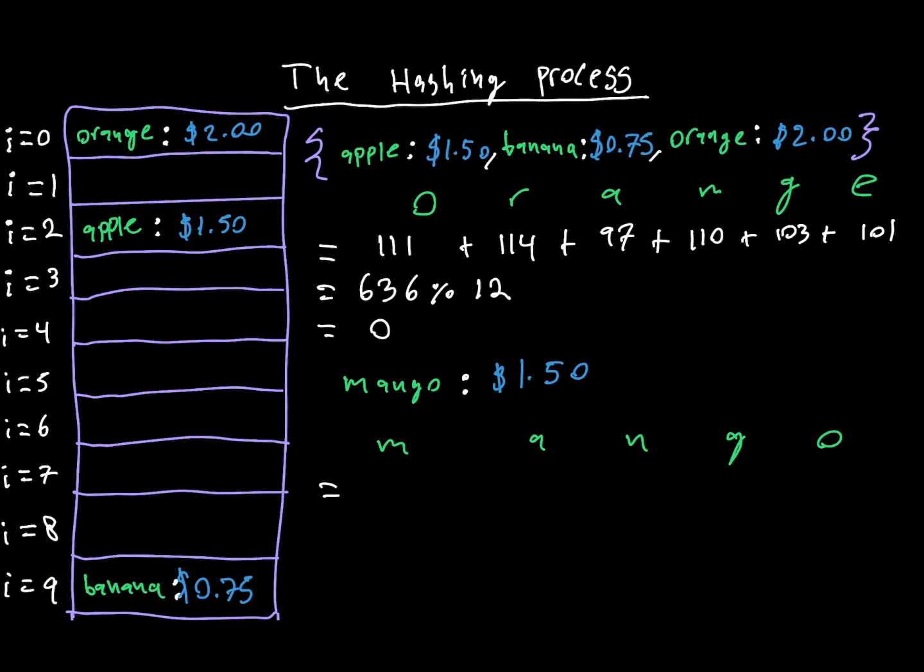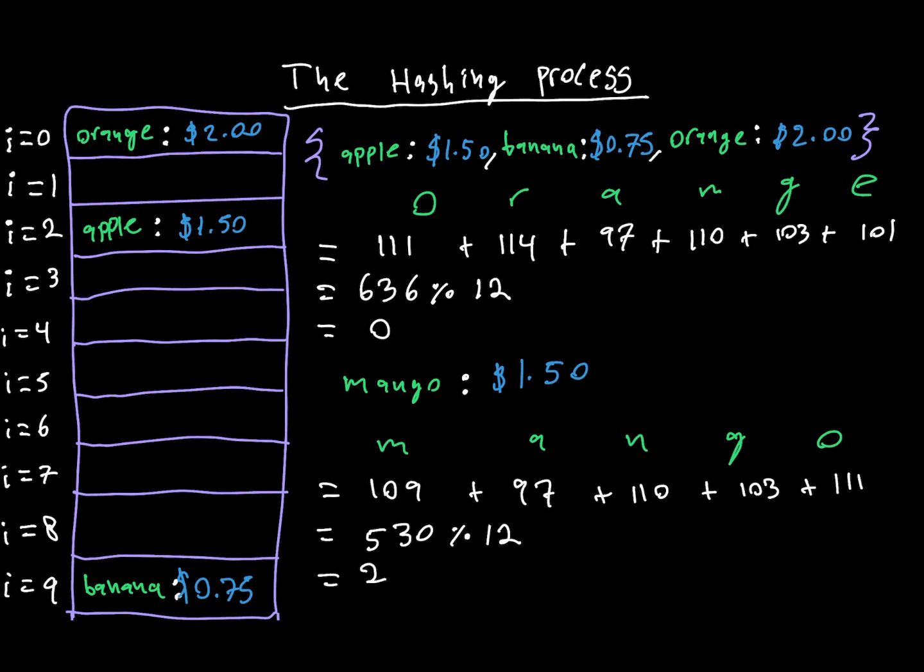M has a value of 109. Lowercase a has a value of 97. Lowercase n has an associated value of 110. G has 103, and O is 111. You sum it up and you get 530. Mod it by the capacity of the array being 12, and you get 2.